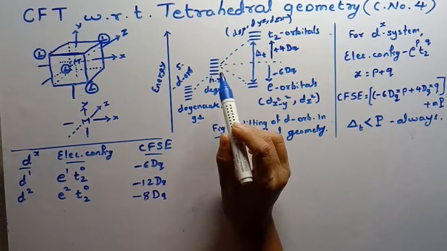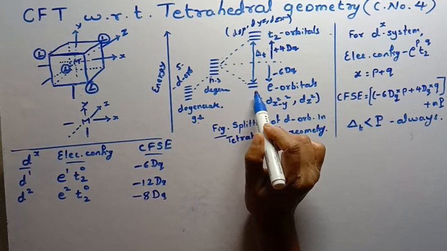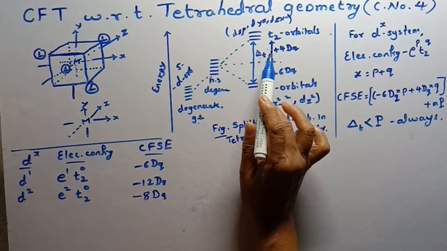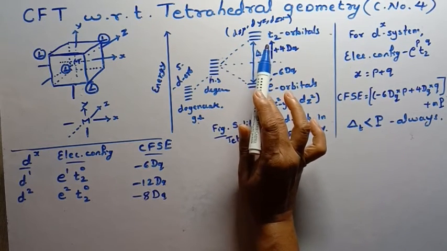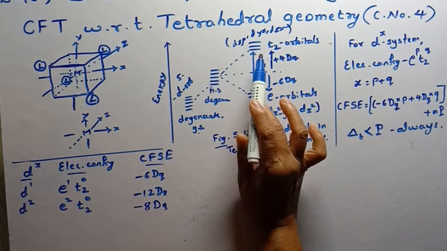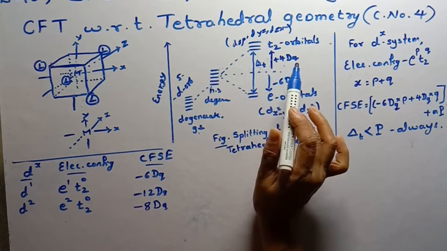So now any electron, if it enters the lower energy level, stabilizes the system. That means it stabilizes the complex by minus 6 Dq energy. And those entering the t2 orbitals, that is the higher energy orbitals, destabilize the complex by plus 4 Dq energy. Okay.